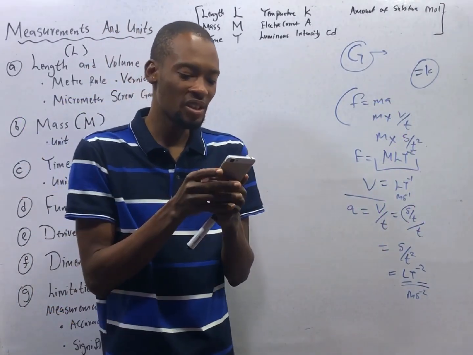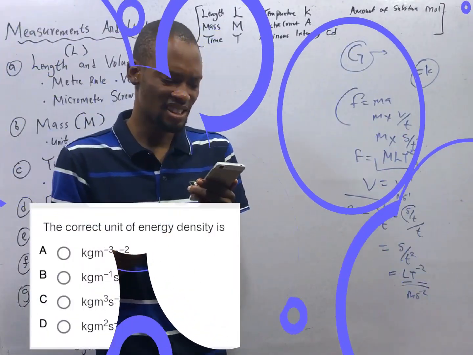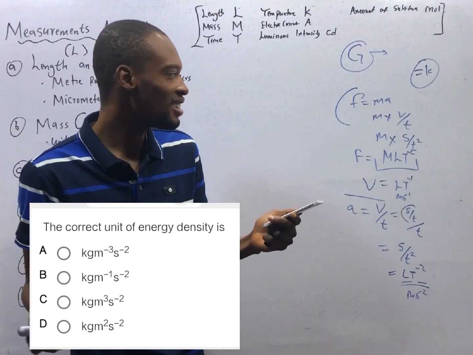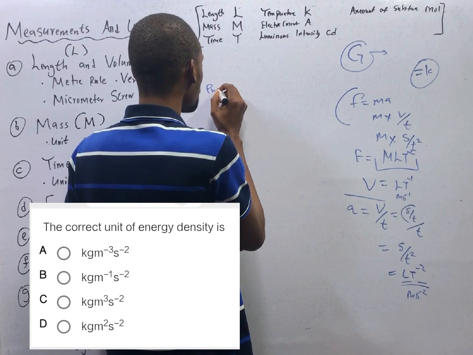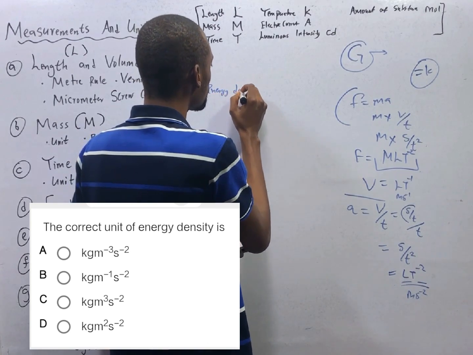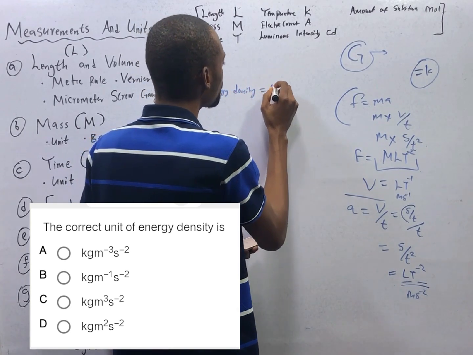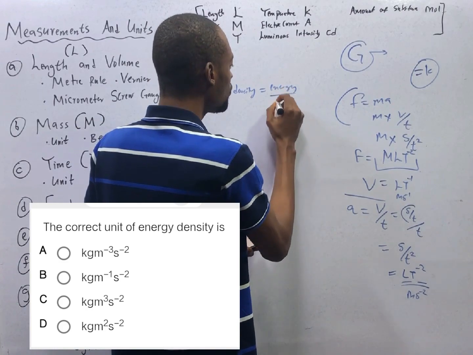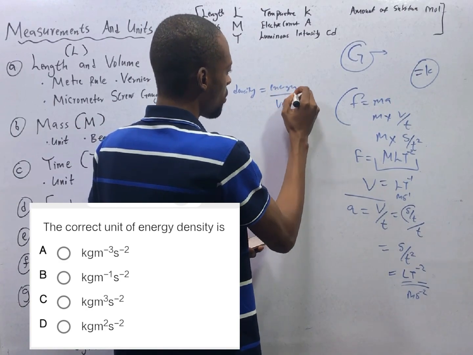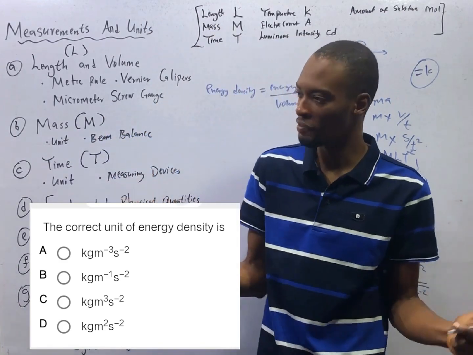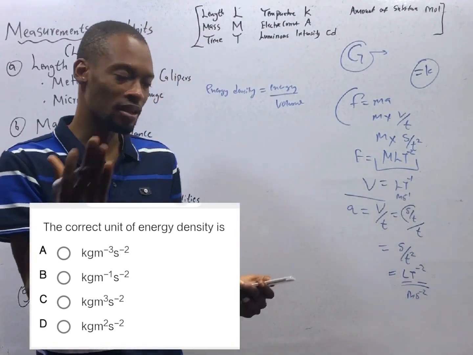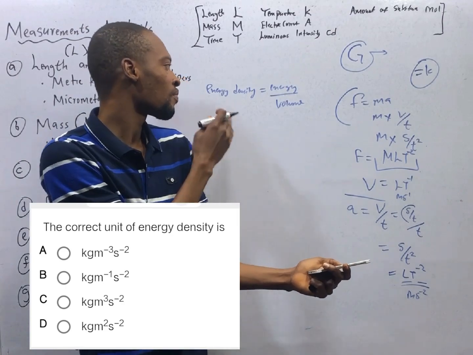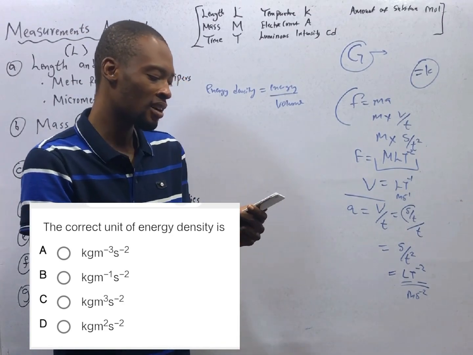The correct unit of energy density is dash. What is energy density? Energy density is energy over volume. Mass density is mass over volume, because we are talking about mass and volume. For energy, it is energy over volume.